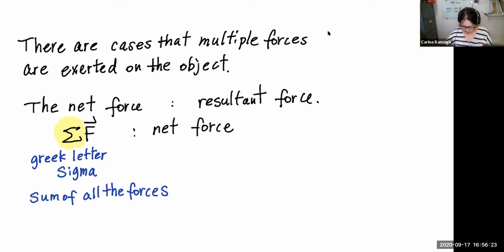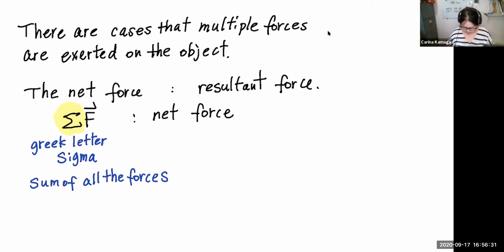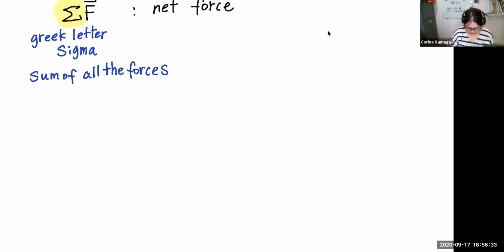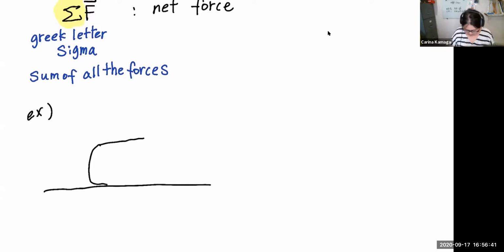So let's look at an example. There is a book that's at rest on the table or desk.